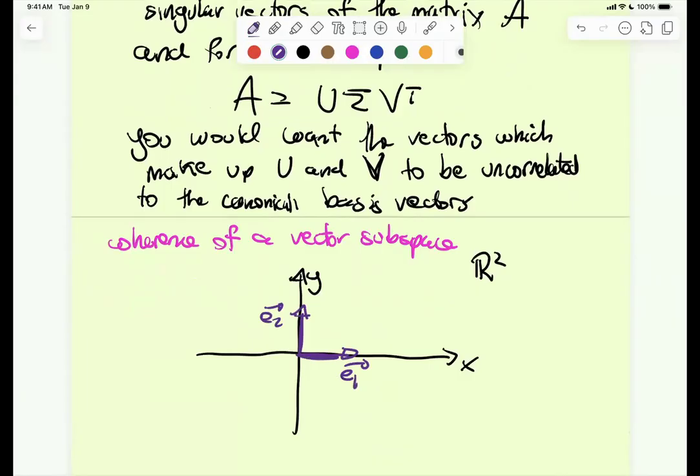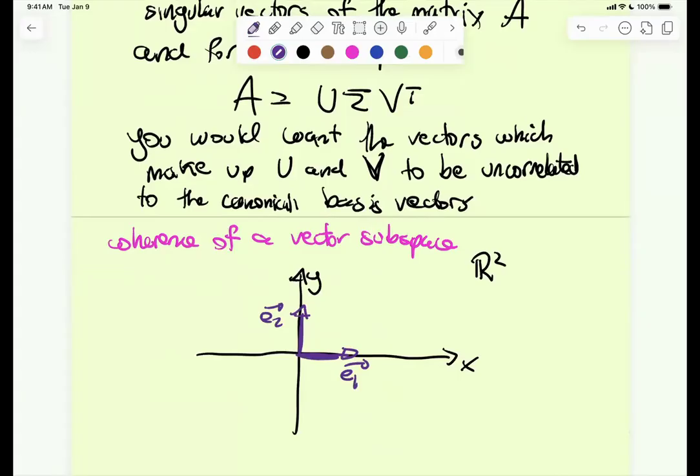And let's say that on R2, you're trying to find a subspace which is uncorrelated, or not in the direction of any of the canonical bases. For example, if you chose the x-axis, that is a bad choice, because it's literally pointing in the direction of E1. If you choose the y-axis, that's also pointing in the direction of the vector E2. Almost by symmetry, we would think that the best possible choice is the one that combines E1 and E2 the most, which would be, for example, the line y equals x.